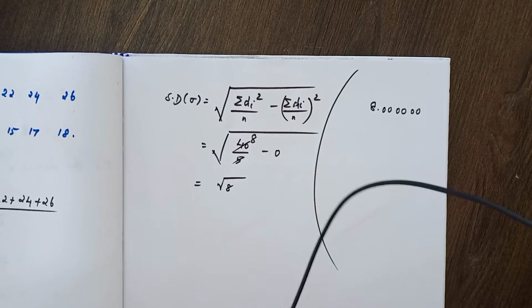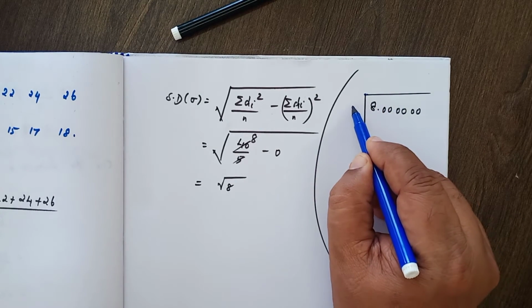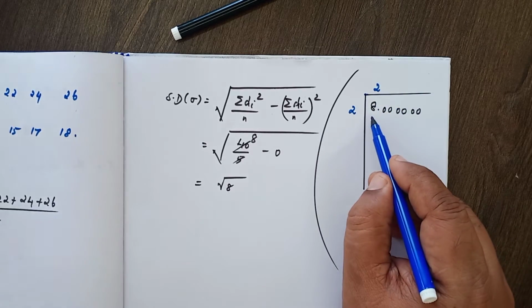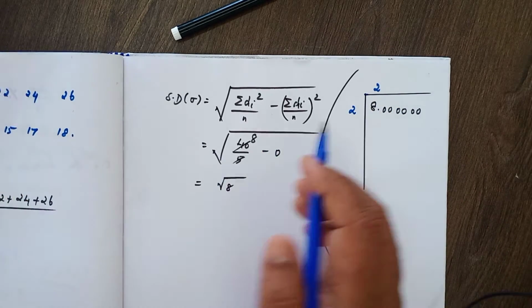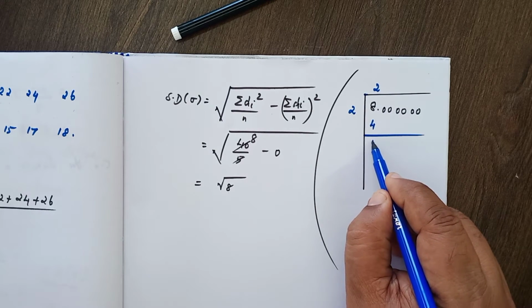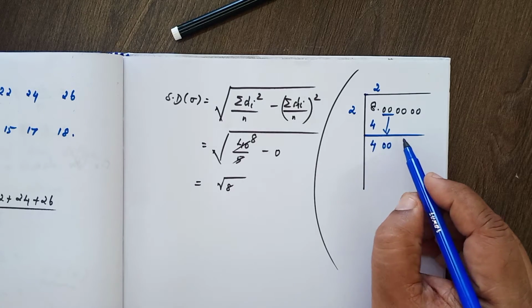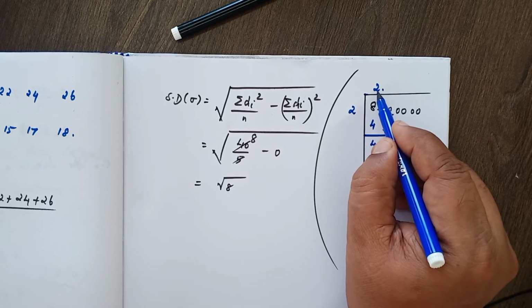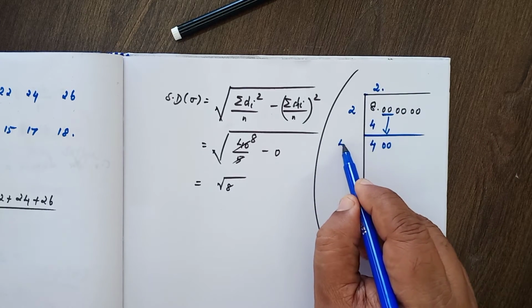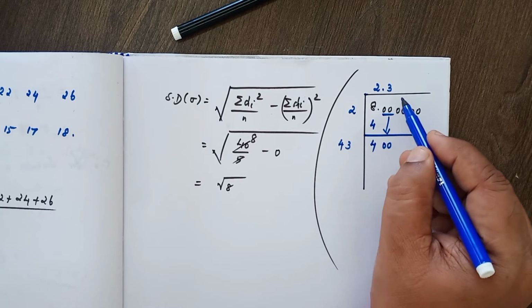Now for 8 we can take 2 only, since 3 3s are 9. 2 2s are 4, then subtract 4, then bring down 2 digits, 00, with the decimal point over here. 2 should be multiplied by 2, 2 2s are 4, we can take 3 only, here 3.